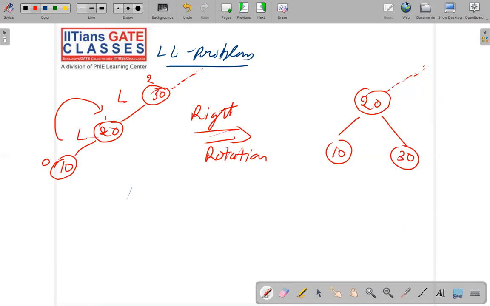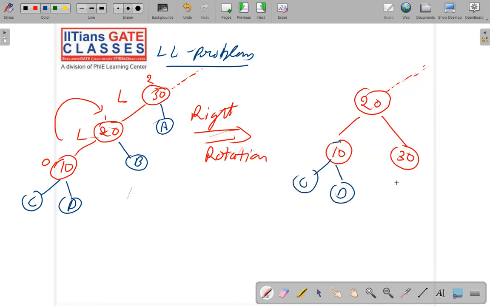Now what will happen to the children, or you can say the child subtrees? Here, if we have A here, B here, C and D here, the C and D will remain at the same position. The B will come here and A will come here.